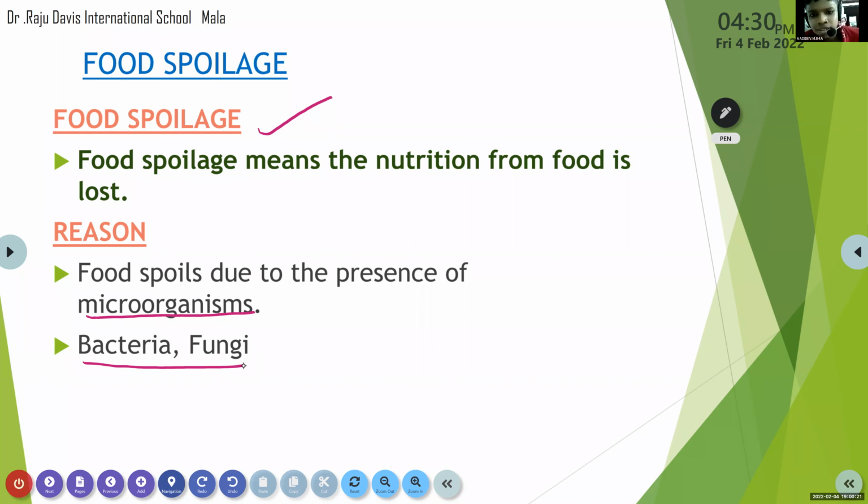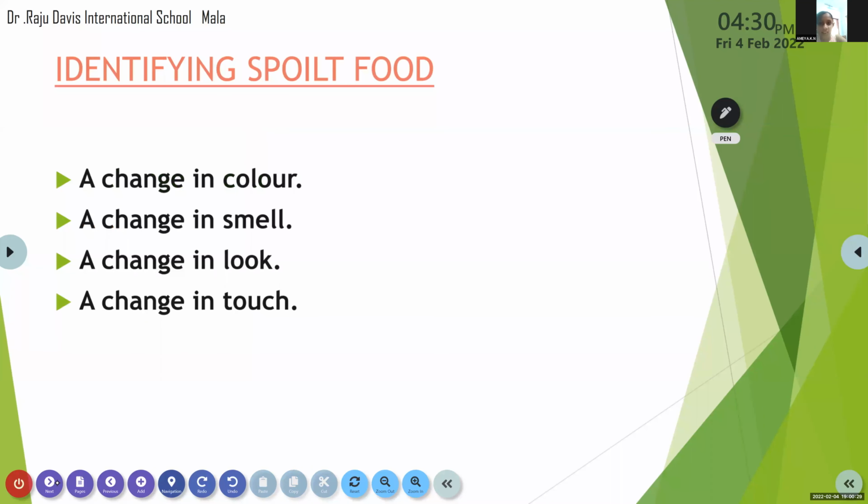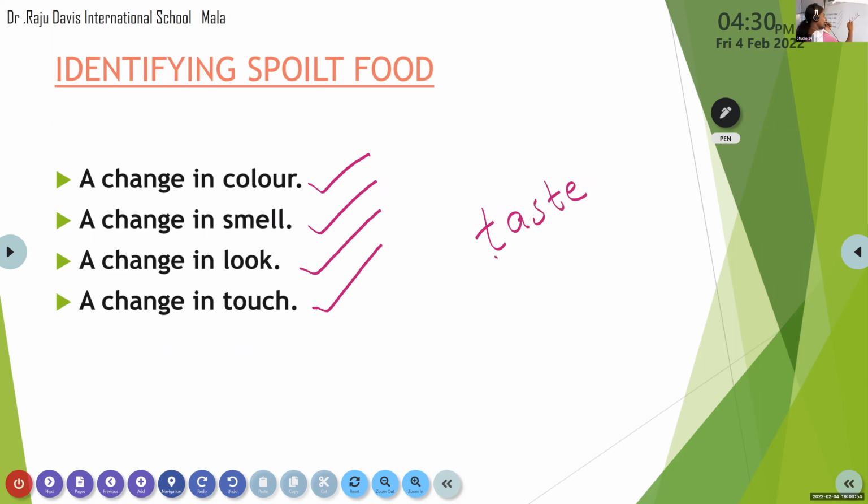So how can we identify that the food is spoiled? The smell, the color, the look. We can identify that there is a change in color, smell, look, touch, and sometimes the taste is also different.